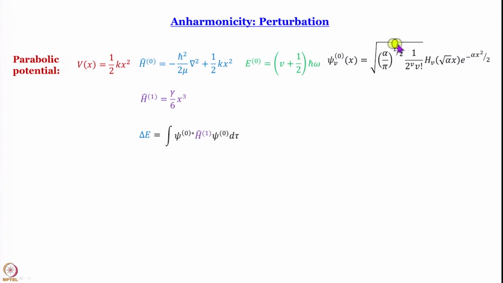This constant here is under a square root. So, from this psi 0 star, which is the same as psi 0, we will get one square root term, and from the 0th order psi, the second one, we will get another one. So, the first constant that comes out of the integral sign is alpha by pi to the power half multiplied by 1 by 2 to the power v factorial v.